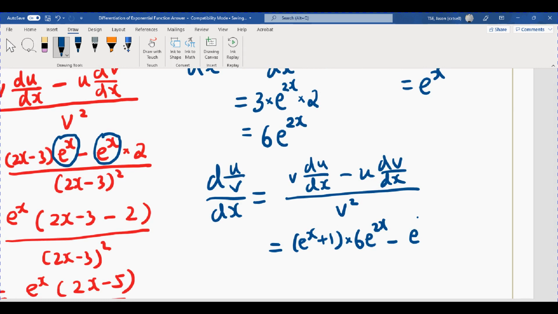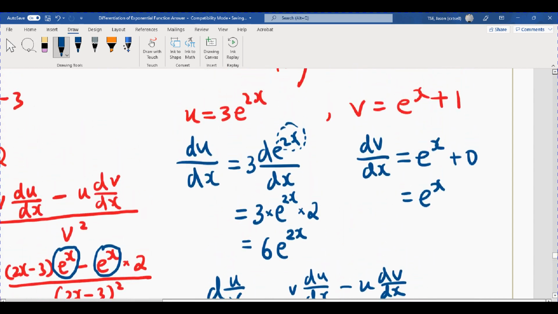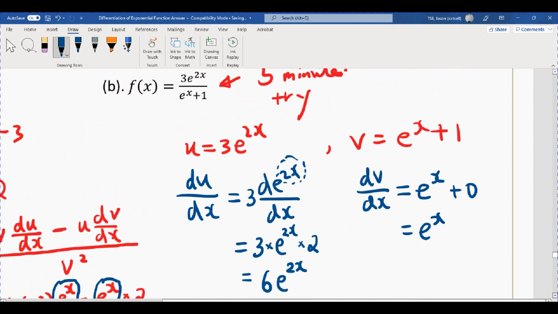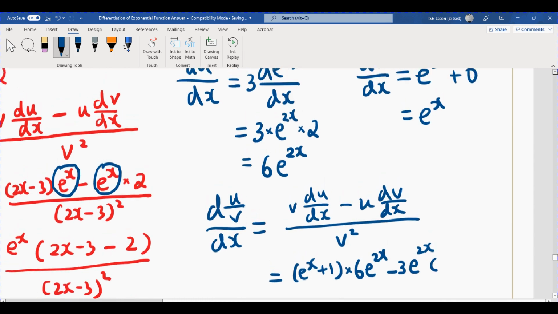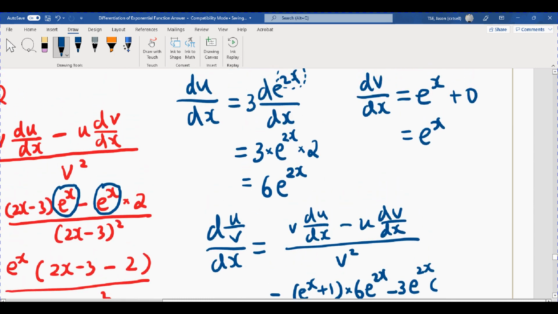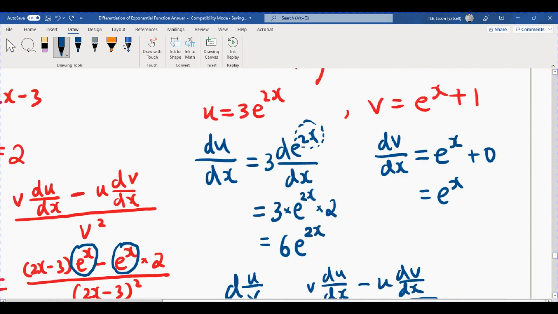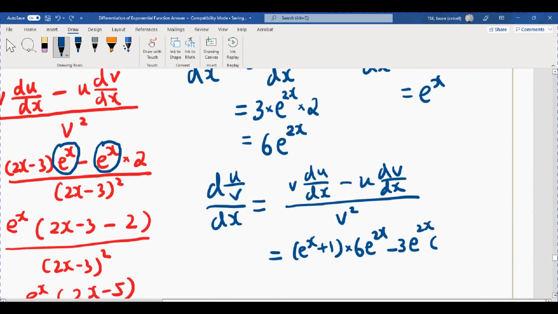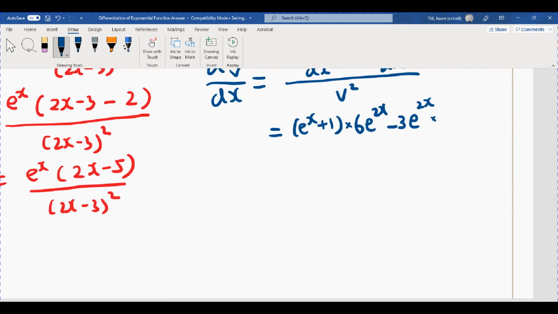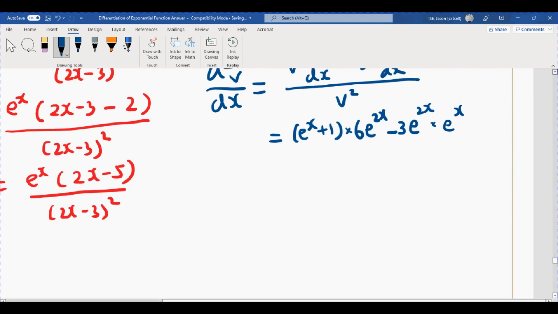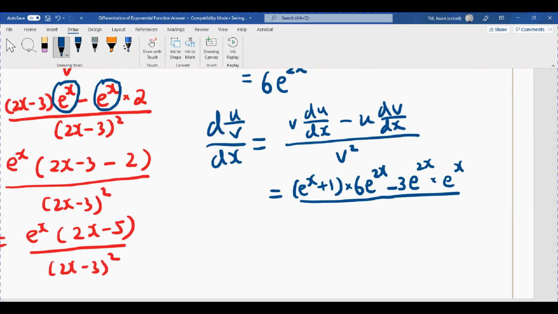Okay. Sorry, that u should be 3 times e to the power 2x. It's really difficult to see. Okay, and dv/dx is just e to the power x, right? So let me rewrite that as e to the power x over (e to the power x plus 1), the whole thing squared.